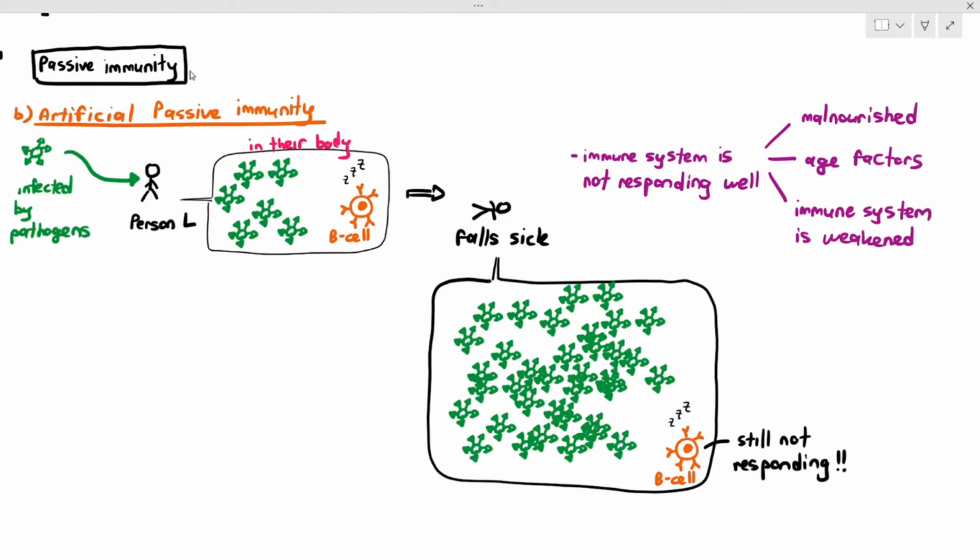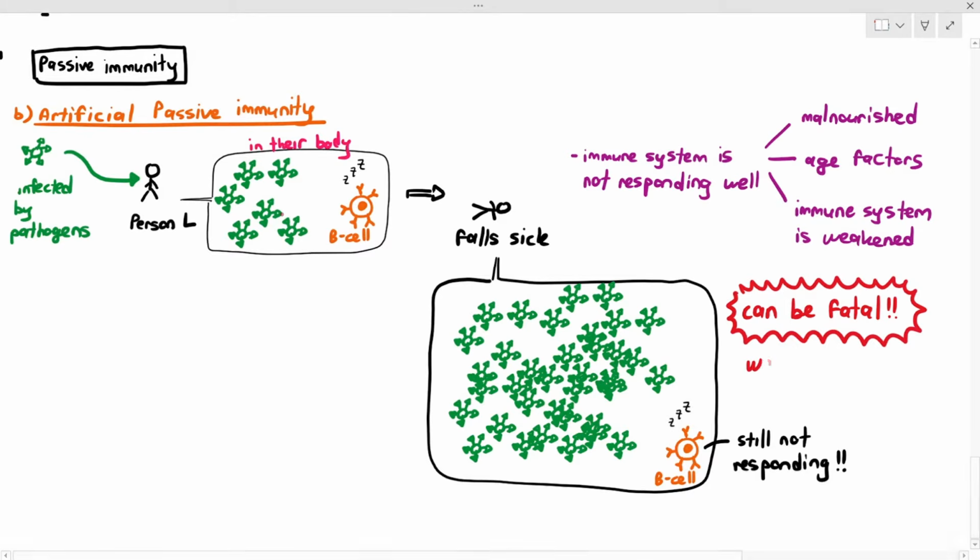So in this case over here, if it's not responding, if we were to give it a few more days, the person might die, okay, because the pathogens might spread throughout the body and just cause so much damage in the organs that the person may not be able to recover and they might die from this infection.